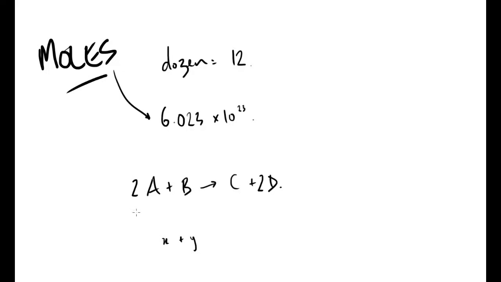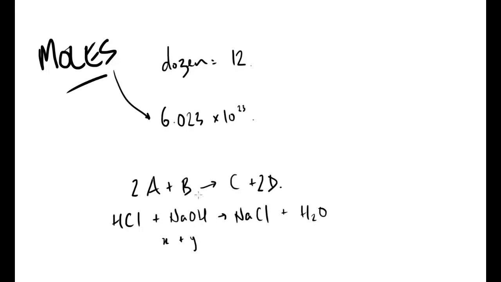Now that's the same even if I look at hydrochloric acid and sodium hydroxide. So in this reaction, I can see that I have 1 mole of hydrochloric acid, 1 mole of sodium hydroxide, 1 mole of sodium chloride, and 1 mole of water.